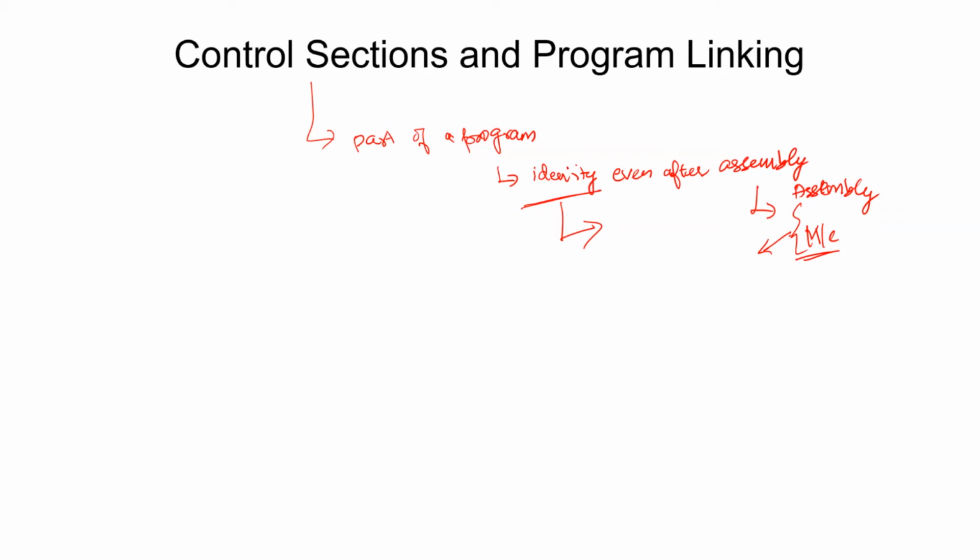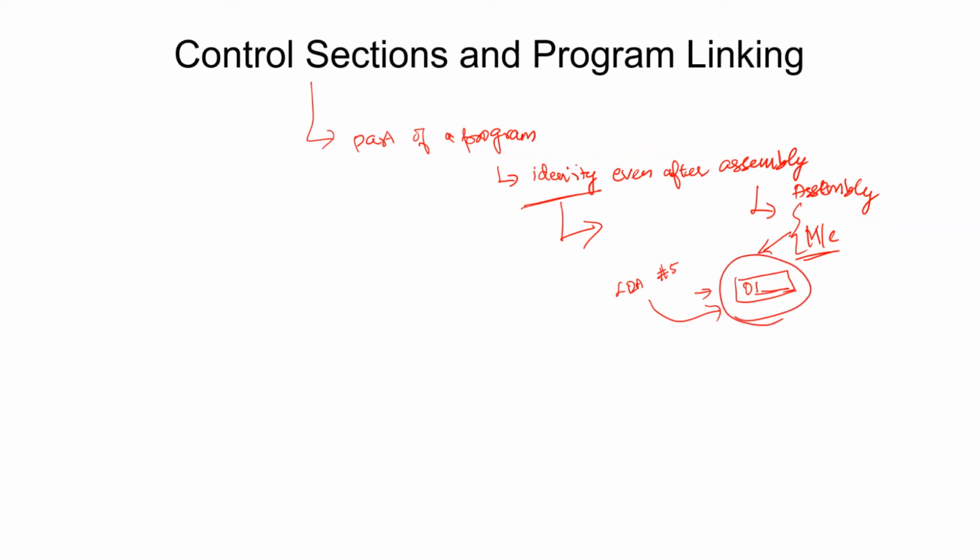Only at runtime. For example, what is assembly level language? I have a program like this, LDA, maybe LDA #5. That is converted into something, 0, 1, some values. That is assembling.